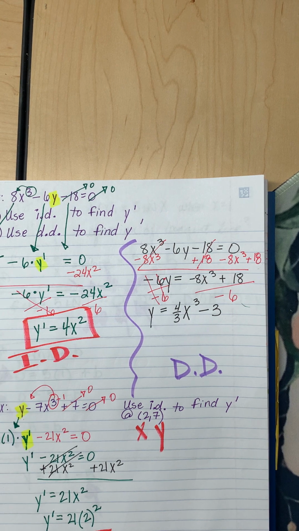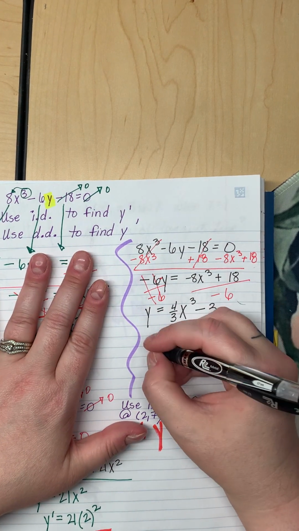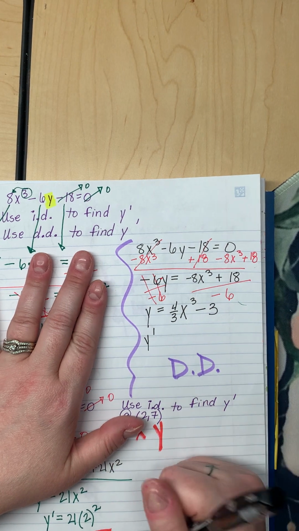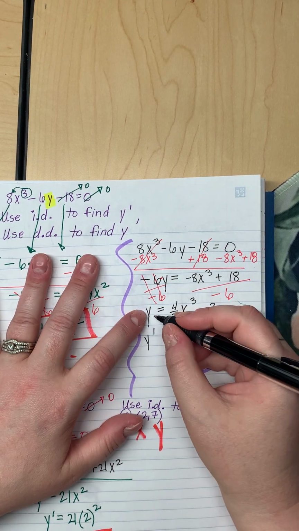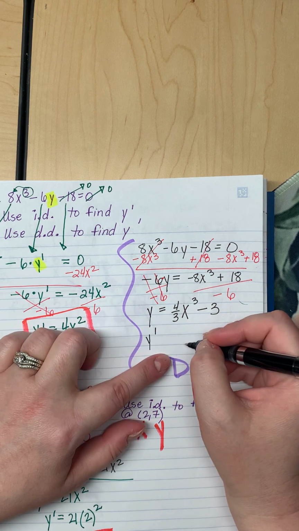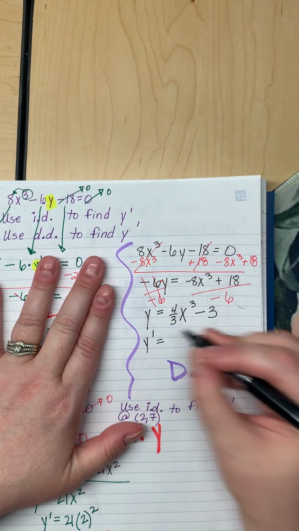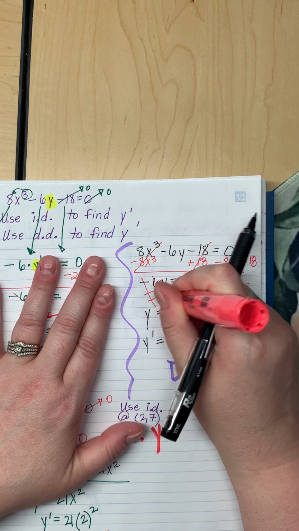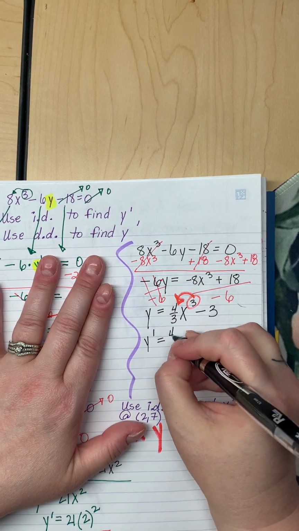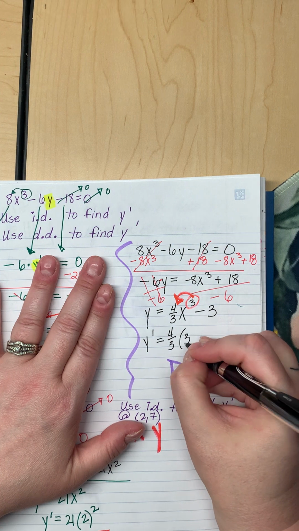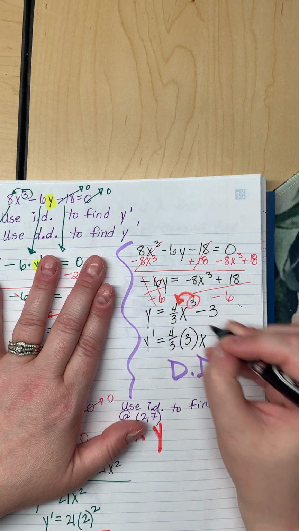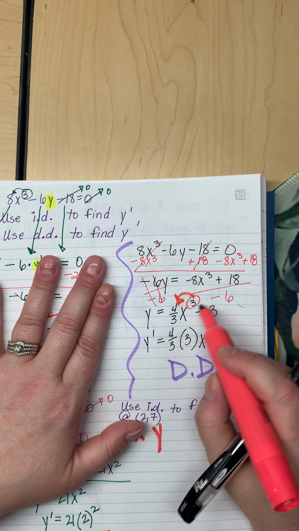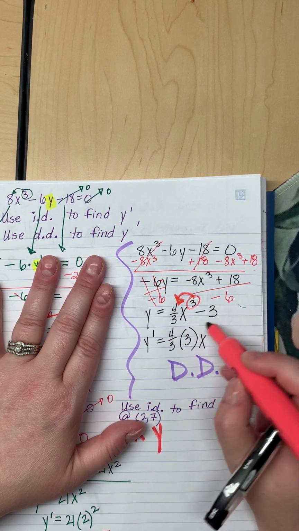Okay, so to show the derivative, we're going to say y prime. If we had f of x, it would be f prime of x. Equals, now I'm going to take this 3 in the air and bring it down in front and multiply. So 4/3 times 3, x to the, subtract 1 from the air, 2. And then what's the derivative of a negative 3?